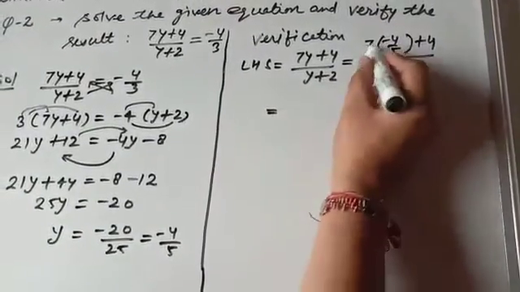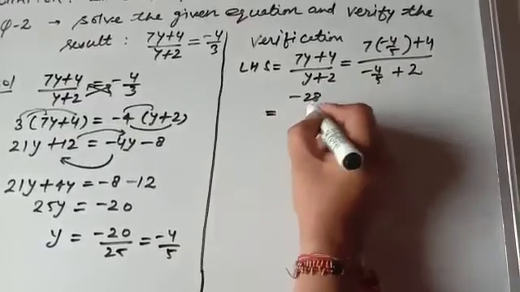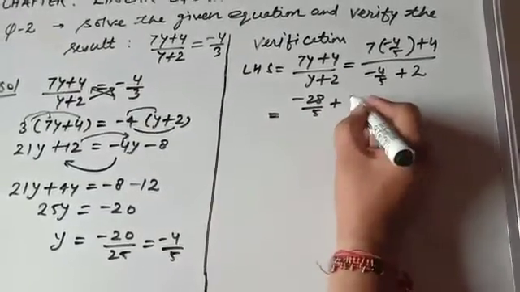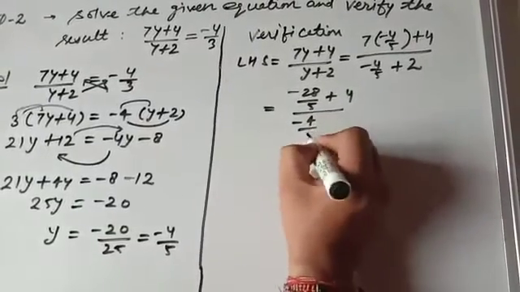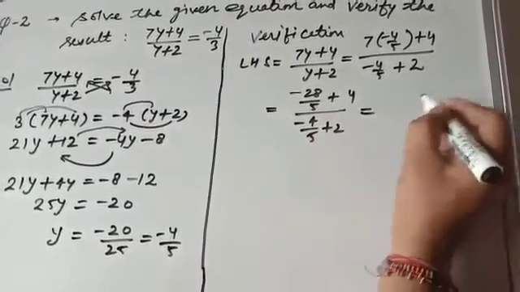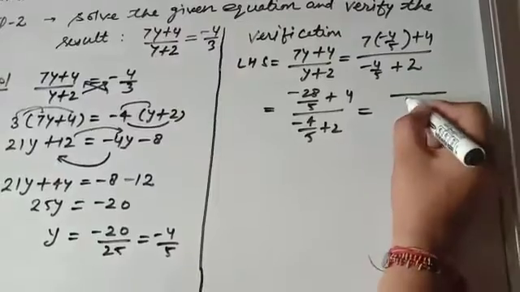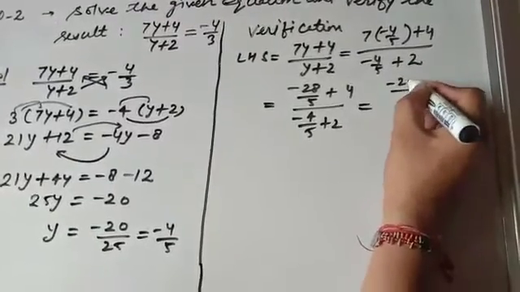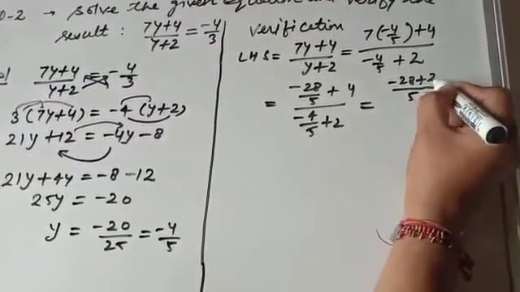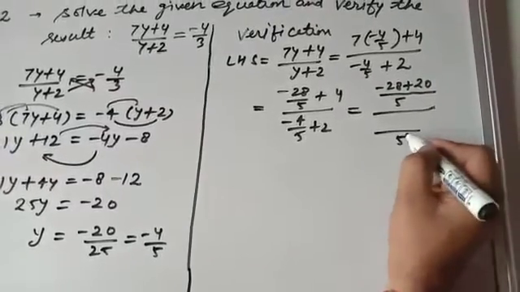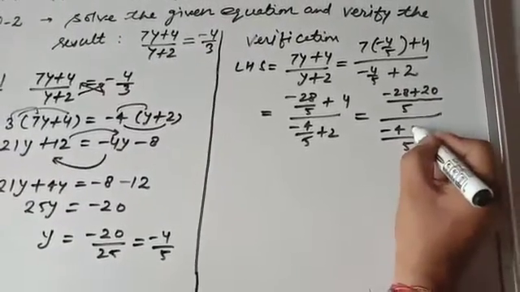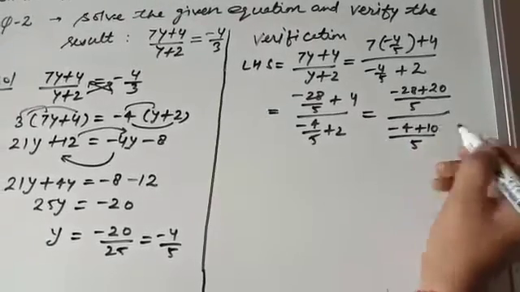Now 7 fours are 28 upon 5 plus 4 upon minus 4 upon 5 plus 2. Now we will take the LCM here first. The LCM is 5. So minus 28, plus 4 fives are 20 upon, again in the denominator we have the same LCM, minus 4 plus 10.